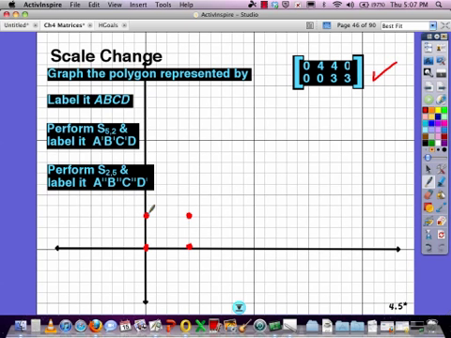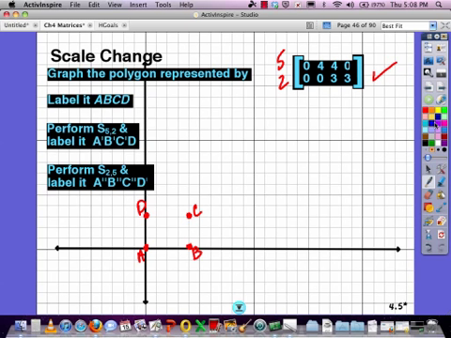So now it says label it A, B, C, D. And if we did, we'd have A, then B, then C, and then D. It says perform a scale change of 5, 2. So that tells me that we've got to change all the x values by 5 and the y values by 2.